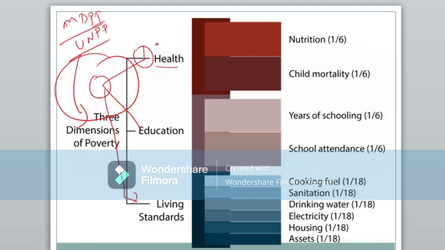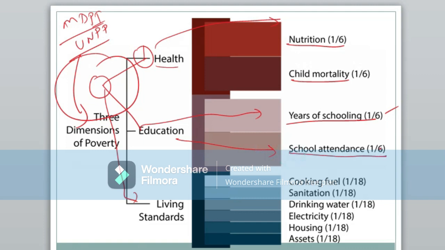Because health is the estimation of nutrition and child mortality that constitute healthy life, child mortality and disease free living, under which it is 1 out of 6. You see. Second is education. Years of schooling is 1 out of 6. Third is school attendance. So school attendance is 1 out of 6.